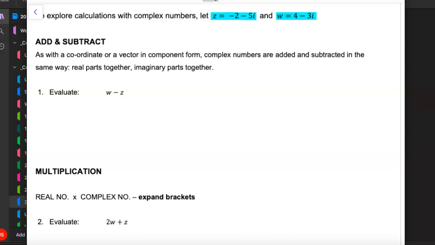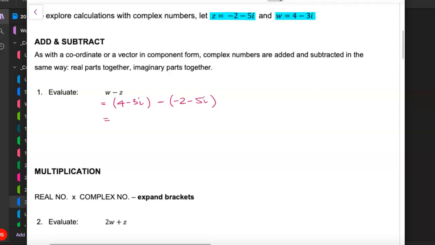just like a coordinate or a vector in component form, we're going to add complex numbers exactly the same way, real parts together, imaginary parts together. So in evaluating w subtract z, we're simply going to say 4 subtract 3i subtract (-2 subtract 5i).